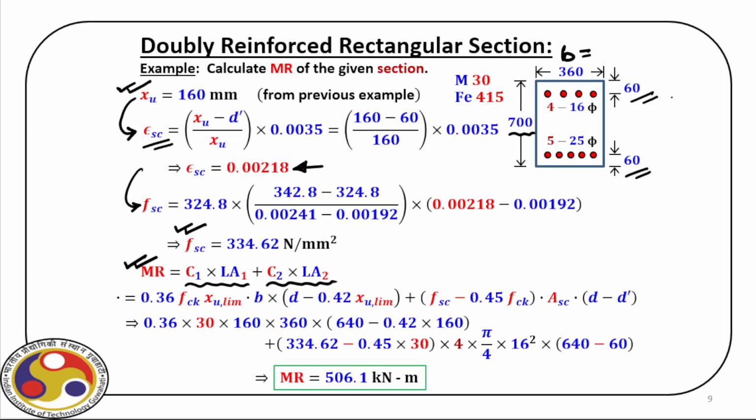So using the expression here, we put in these values which we have already evaluated, and ultimately the moment of resistance we get in this case is 506.1 kilonewton meter. So that's the net moment of resistance due to additional steel in the compression zone, and that's the only additional thing we have compared to singly reinforced sections.